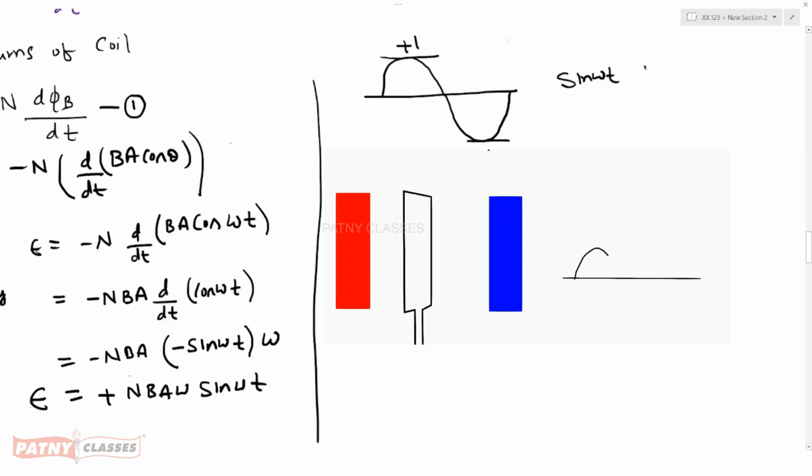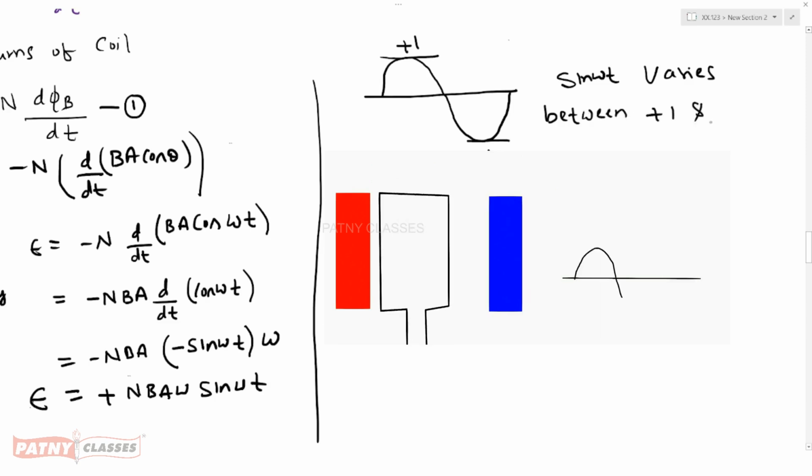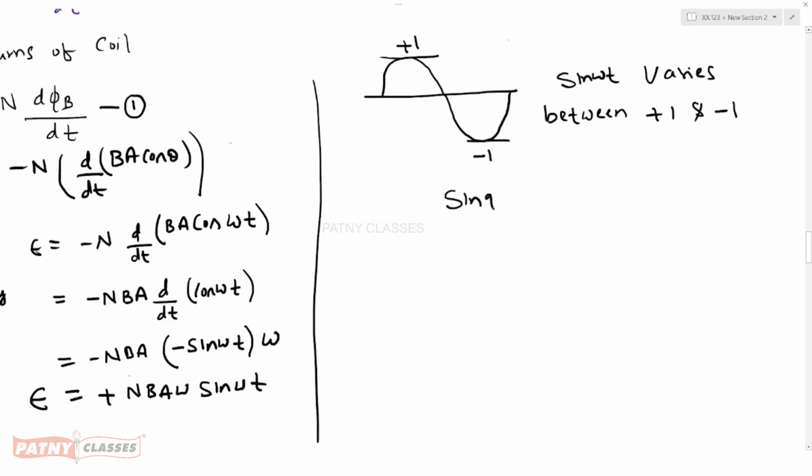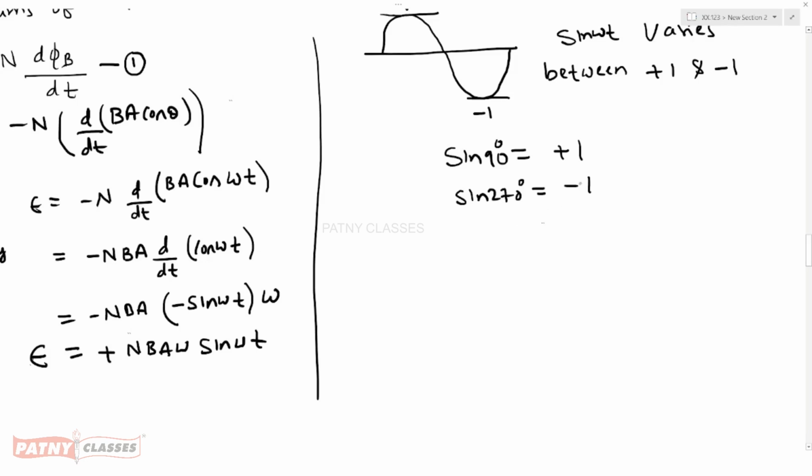Sine omega t varies between plus 1 and minus 1, and we know that sine 90 degrees equals plus 1 and sine 270 degrees equals minus 1.